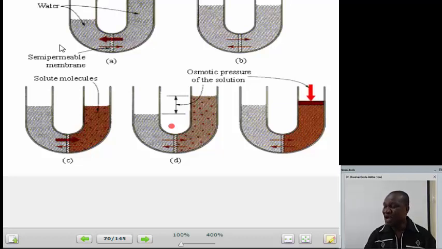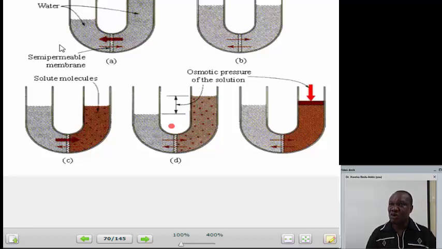So that if you are giving the infusion, it's not going to destroy the red blood cells because it's isotonic. Now, if you're giving an infusion with higher than 0.9% sodium chloride, then that will be hypertonic and it can destroy red blood cells. It causes rupturing of red blood cells.